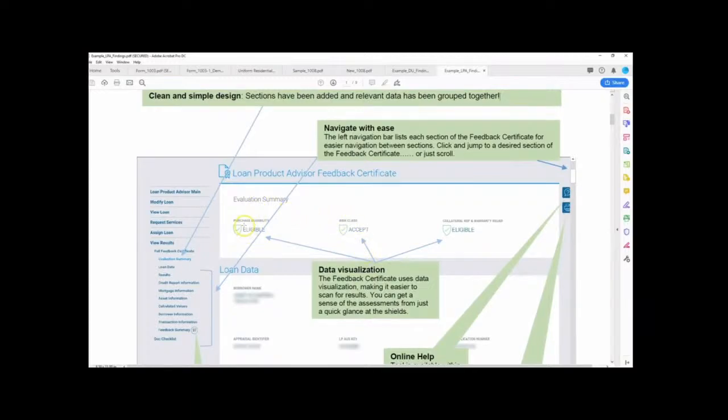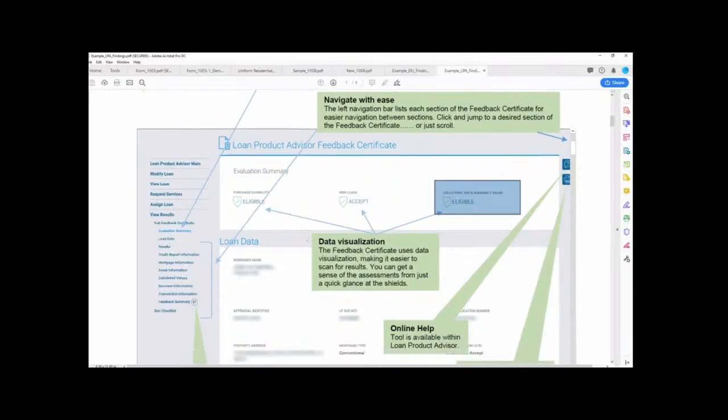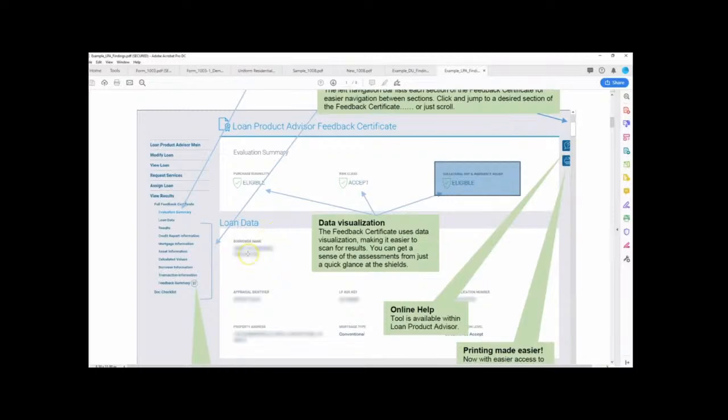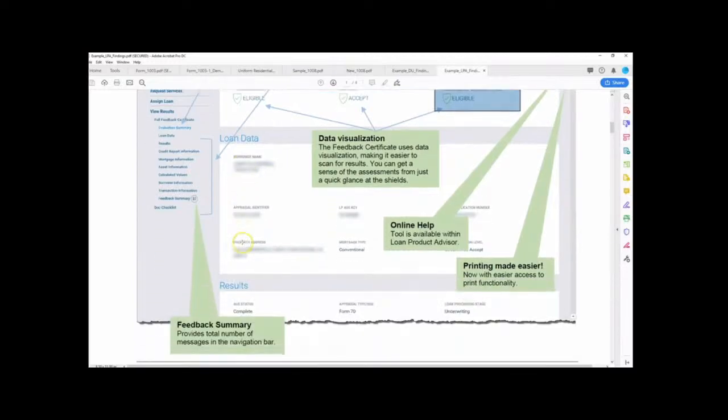But it tells you if the loan is eligible, what's the risk class, acceptable, and the collateral if it's eligible. Now, the blurriness are the borrower's names. This is for confidentiality. Freddie Mac has blurred them out directly, which is great. And it tells you the results.